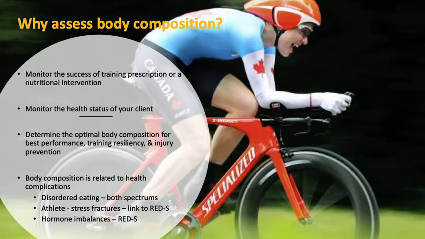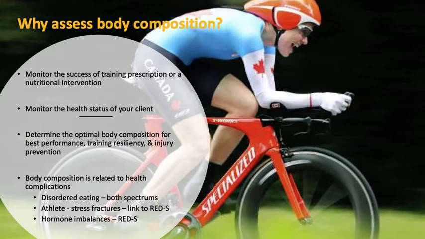Second of all, athletes can have stress fractures, and this can be linked to relative energy deficit syndrome, or REDS, formerly known as female athlete triad, where there's a link between bone health, energy output, and disordered eating. So these are all linked. We've moved away from the female athlete triad to talk about REDS, the relative energy deficit syndrome, because this not only affects females, it also affects males.